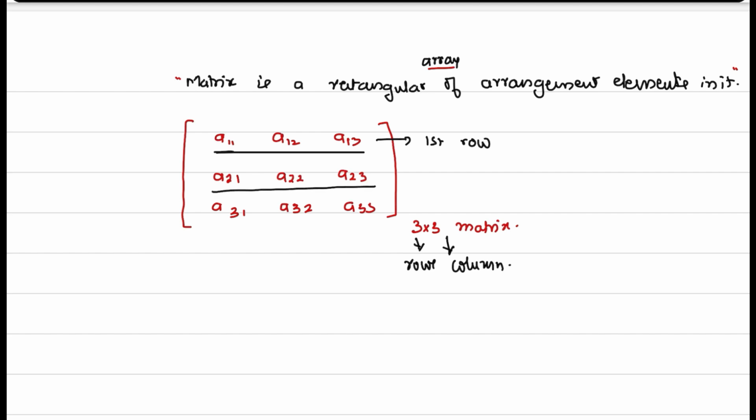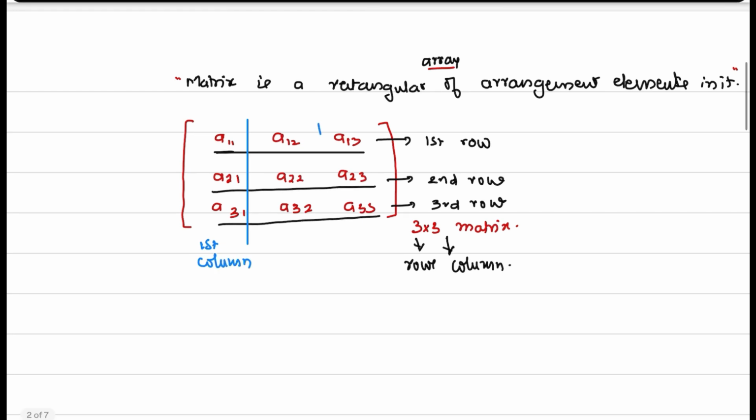A21, A22, A23 is second row. A31, A32, A33, it is very important to understand this, because usually people make mistakes in this only. This A11, 1 is at the second suffix, that means it is the first column.